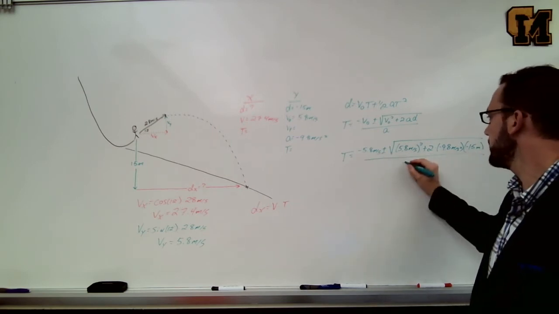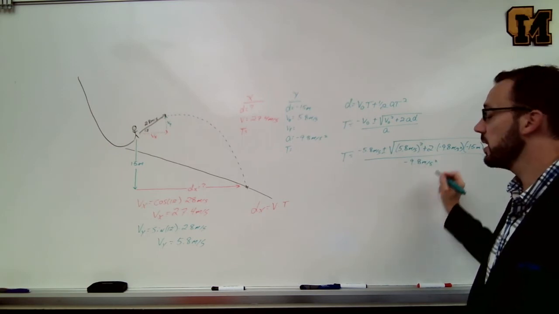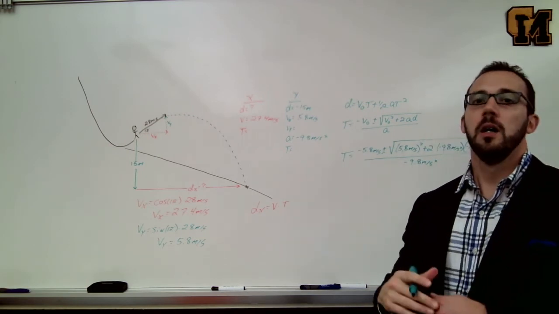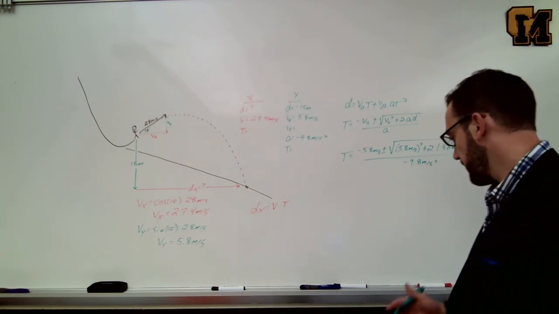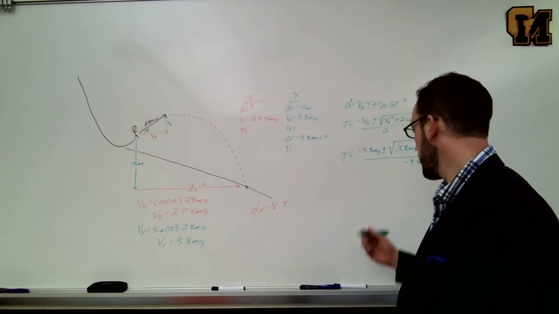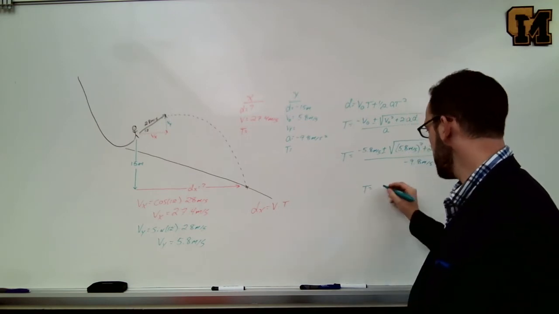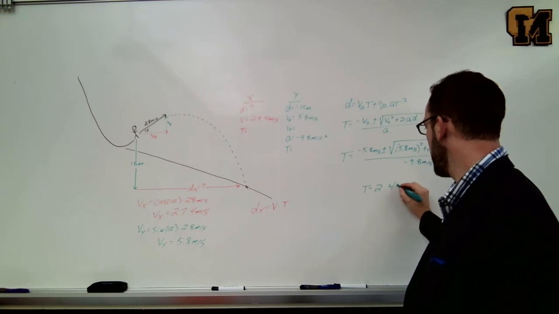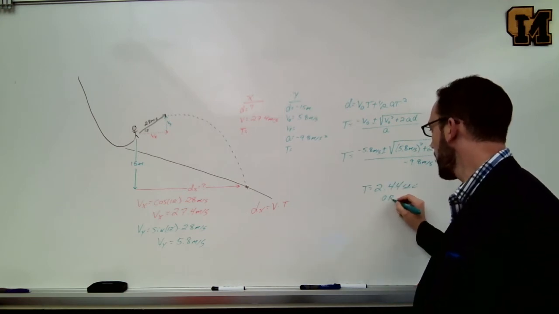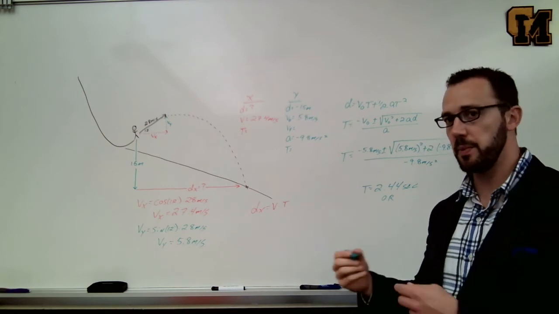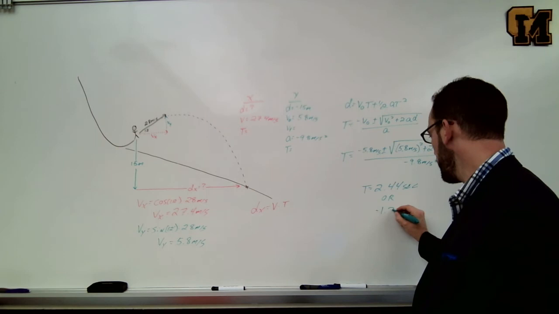All of that is divided by negative 9.8 meters per second squared. Like every time we use the quadratic formula, we're going to get two possible answers. One of them is going to be positive, the other one's going to be negative. So we plug in. One of our possible times is 2.44 seconds. And then the other possible time when we plug back in is going to be negative 1.25 seconds.